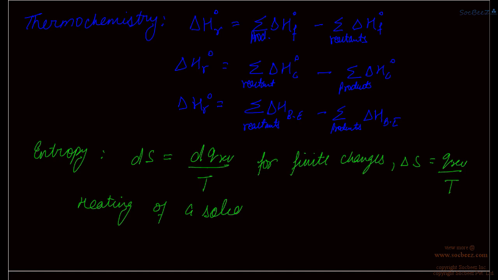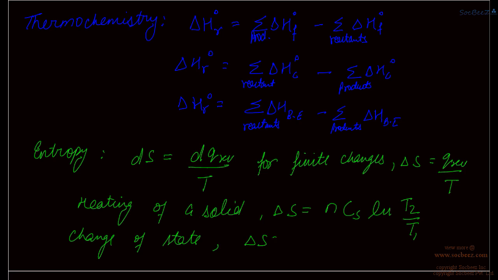In this case delta S equals nCs, that is heat capacity of solid, ln T2 upon T1, where T2 is final temperature and T1 is initial temperature. And if a change of state is taking place, then in that case delta S equals delta H upon T.